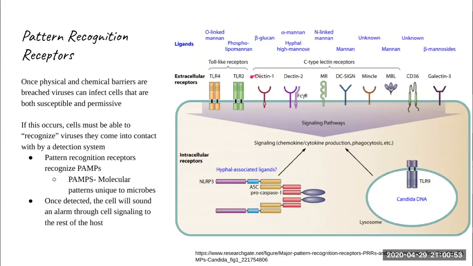This is really important because you don't want to attack your own cells unnecessarily, which is what occurs in something like autoimmune disease. So once a pathogen binds, we'll just say a virus binds to one of these, it sends off this alarm signal basically, and it's a cascade of signaling through the cell, which eventually leads to what we call an immune response.